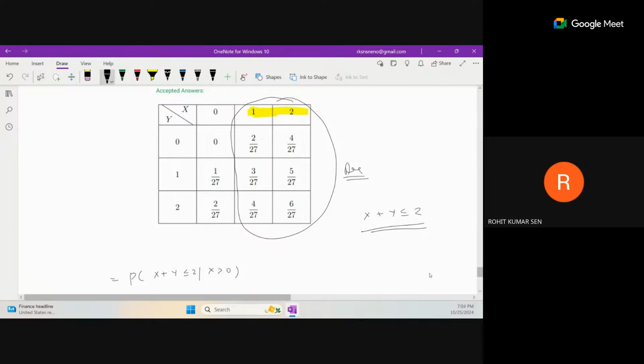So first check this value. My x is 1, my y is 0, so 1 plus 0 is 1. It is lesser than or equal to 2.